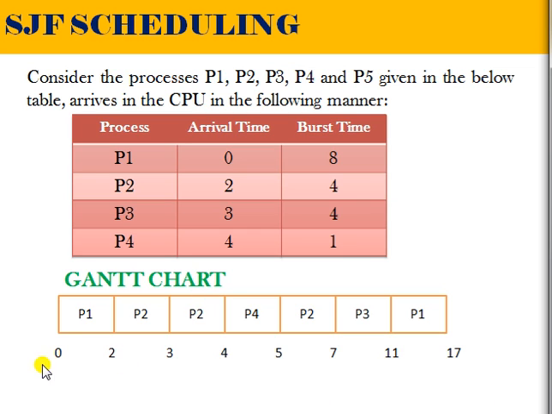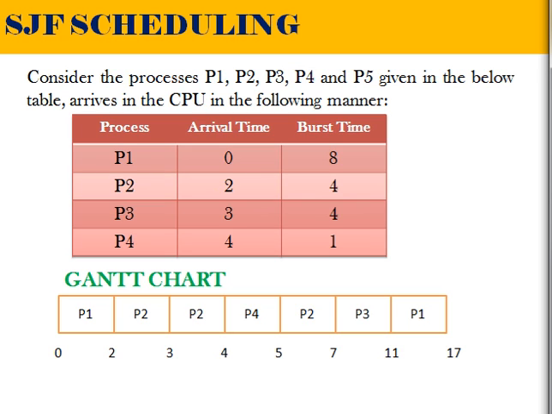Since at time 0 the only available process is P1 with CPU burst time 8, it is scheduled. The next process arrives at unit 2.